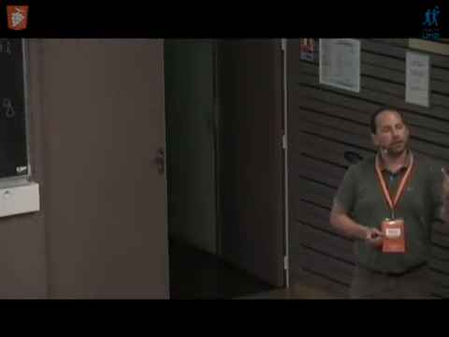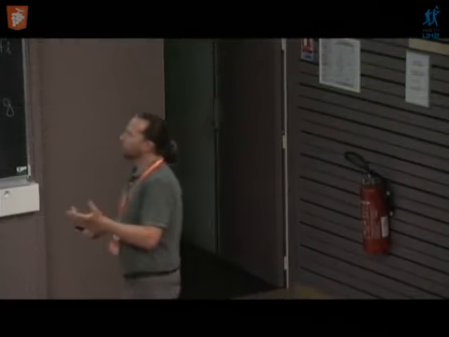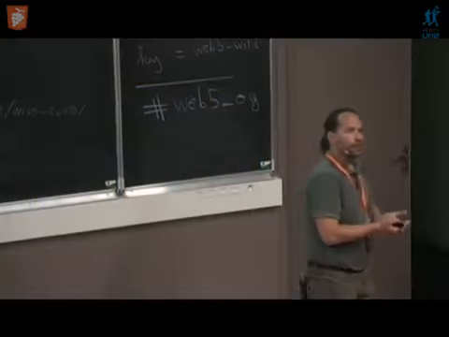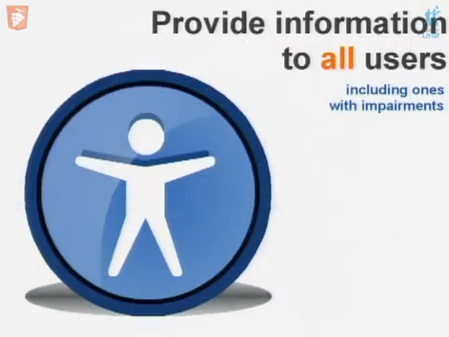Perhaps it is not pixel-perfect, but it doesn't matter. The main idea is to convey the information. Thus, we go to the main definition of accessibility, which is to provide information to all users, to any users, of course, including those with impairments.